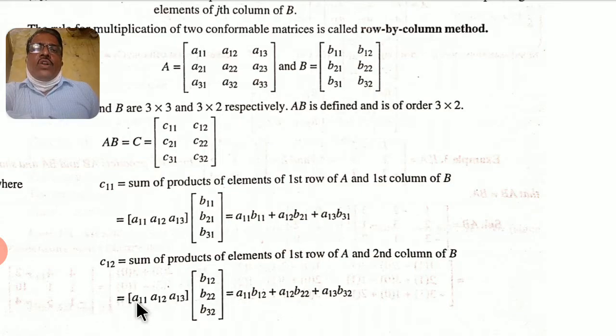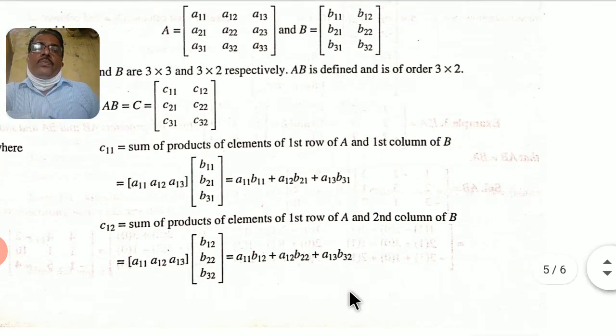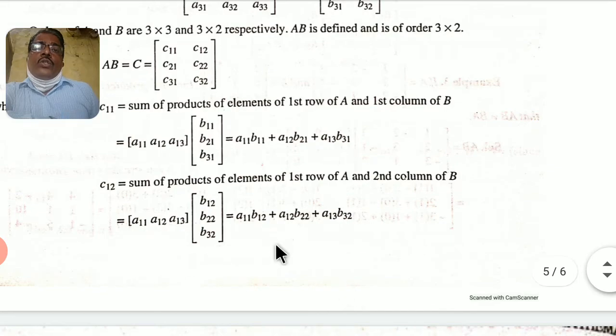The first element of the row is multiplied with the first element of the column, that is A11 into B12, then plus the second element of the row multiplied with the second element of the column, that is A12 B22, plus the third element of the row multiplied with the third element of the column, that is A13 into B32. Okay, so like that we multiply these two.